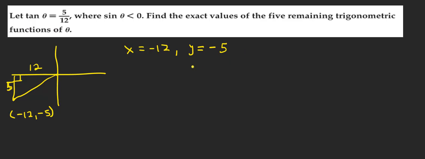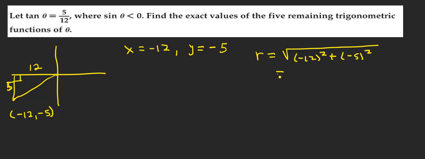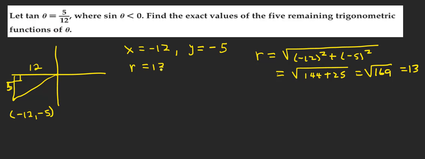And what is r? r is going to be the square root of x squared plus y squared. And this becomes 144 plus 25, which is radical 169, and that's 13. So we know that r is 13.